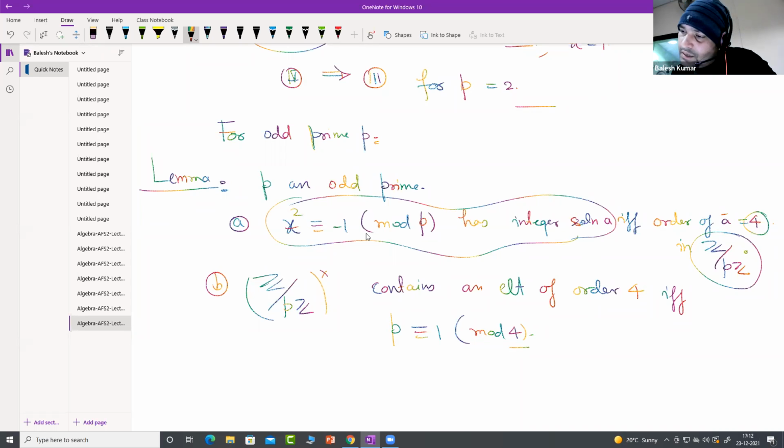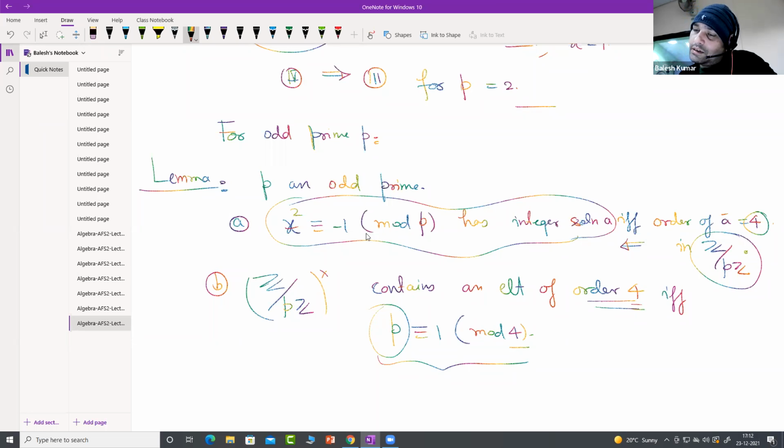And the second part says that since that element has order 4, the prime is congruent to 1 mod 4. Conversely, if you assume 4, that p is congruent to 1 mod 4, then part b says that this multiplicative group contains an element of order 4. And then if you use part a, the reverse implication says that part 3 of the theorem follows.